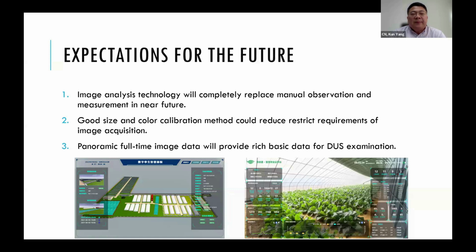Then now we are building our image analysis platform. It's completely with the data collect and analysis, and also get the final report.